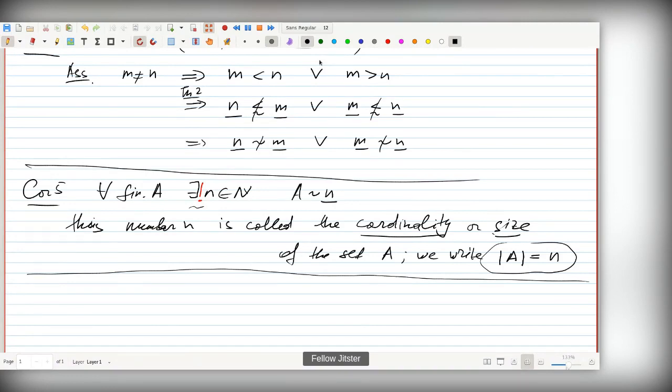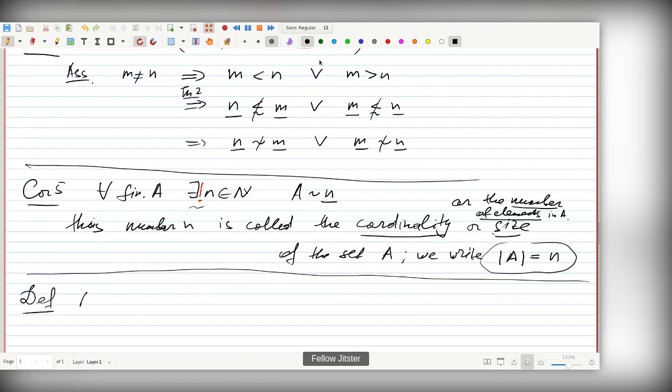For every finite set, we have just one such number n underlined. And this number reflects the intuitive concept of the number of elements in A. Okay, let us give another definition.